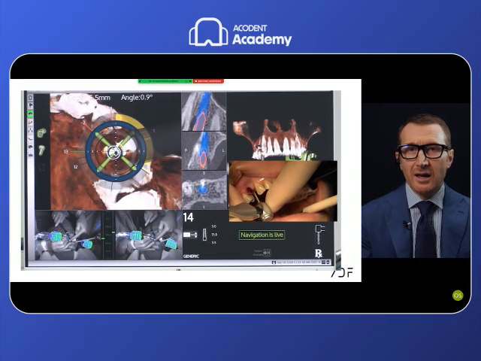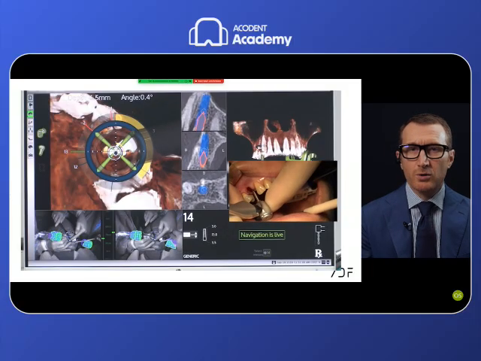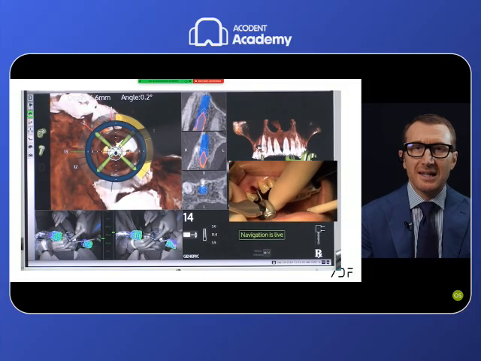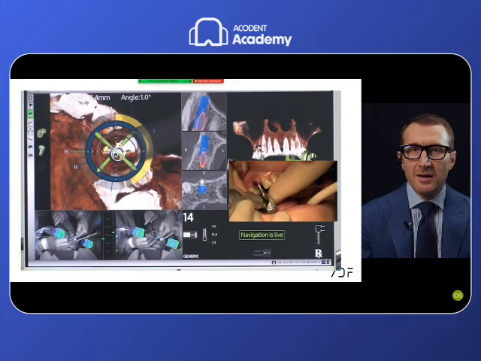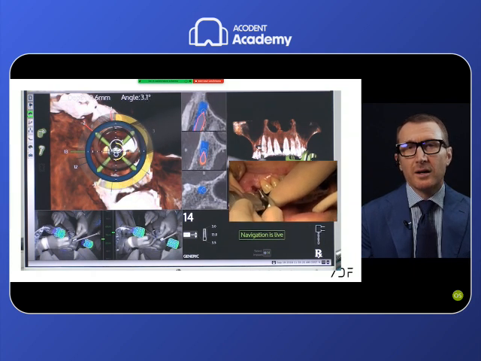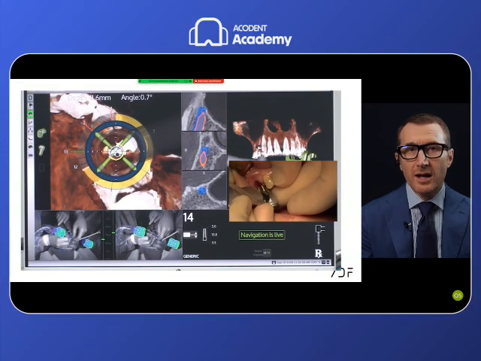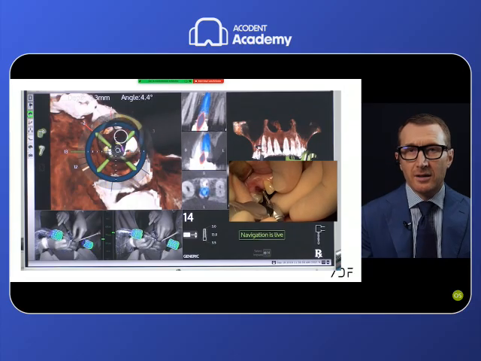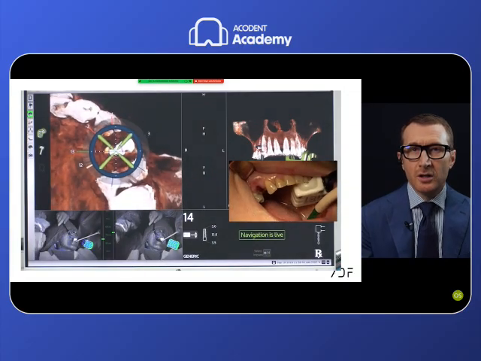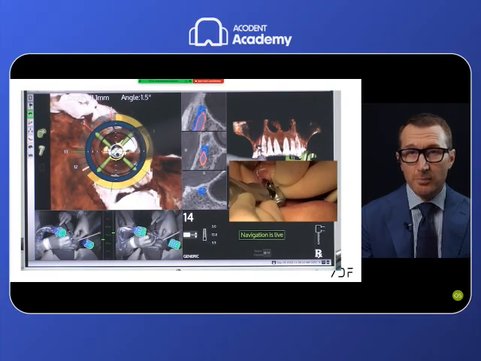In this case, the implant has been placed using a dynamic navigation process. So it's basically a guided surgery, but this guided surgery is going to be performed without a surgical guide, but with the real-time control of the relationship between the drill, the bore, and the implant insertion in relation to the surgical plan.